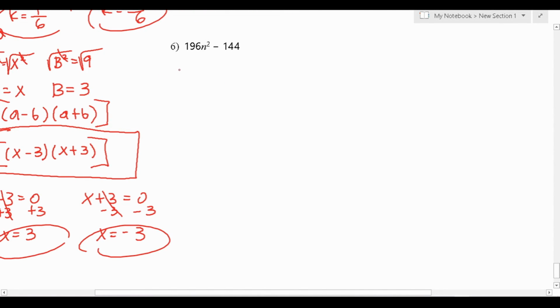Number 6 is challenging because you have to be good at finding the squares of large numbers. That said, it is of the form a squared minus b squared. In particular, we know a squared is going to be 196 n squared, and we know our b squared is going to be 144.